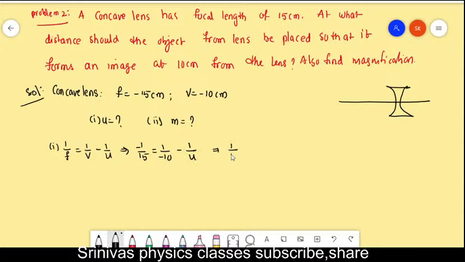Then from this 1 by u is equal to minus 1 by 10 plus 1 by 15, then again 30 you will get, minus 3 plus 2, minus 1 by 30 you will get. Then from this 1 by u is minus 1 by 30. From this u is equal to minus 30 centimeters. Object should be placed at minus 30 centimeters. Right, Nishant?